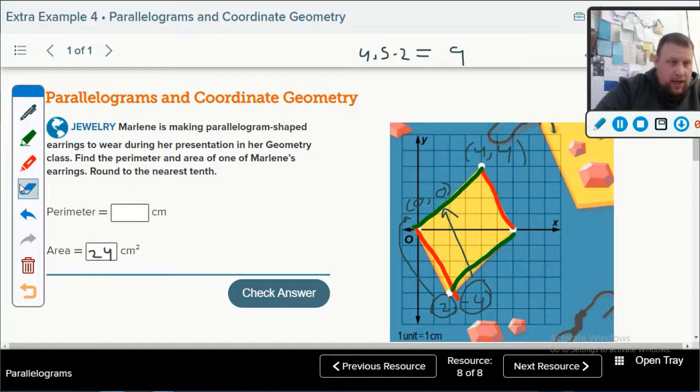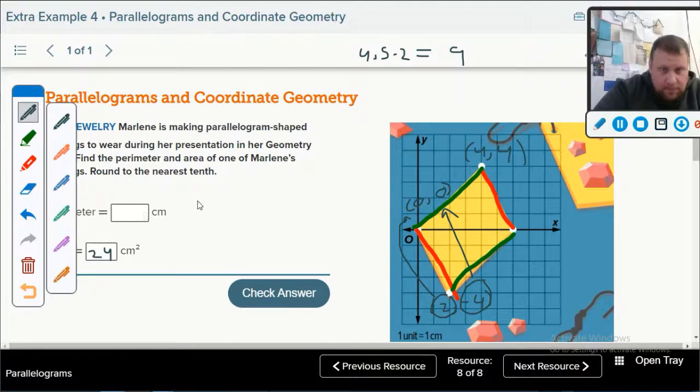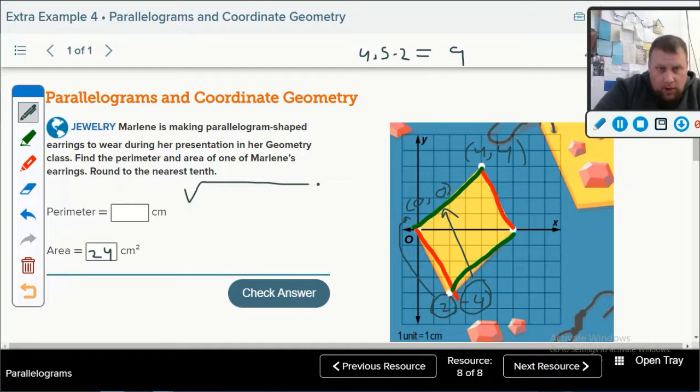Do distance formula again. And this time, do it for square root of, just get these written out, squared plus squared. All right, I'm going to do the difference in my x value, which is positive 4 minus 0. And again, my y minus my y is going to be 4 minus 0 again.